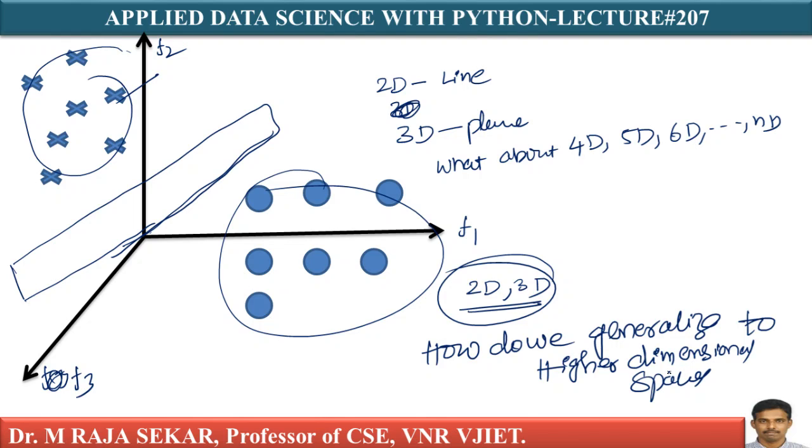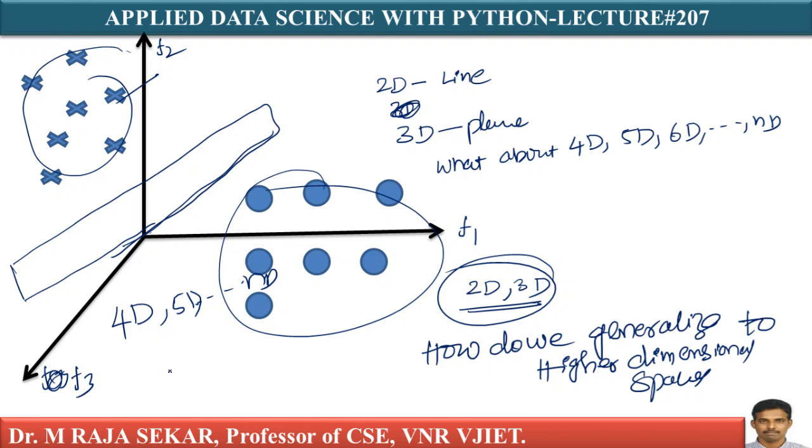Of course, we can't visualize data in 4D, 5D, and so on, ND. That's the problem. Linear algebra is a brilliant mathematical tool to understand 4D, 5D, so on, ND.